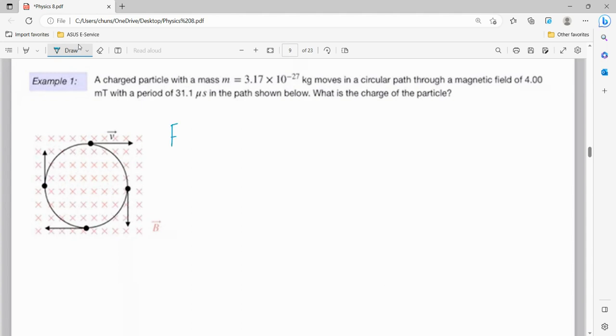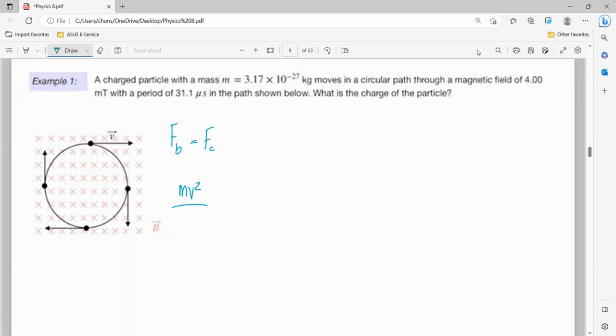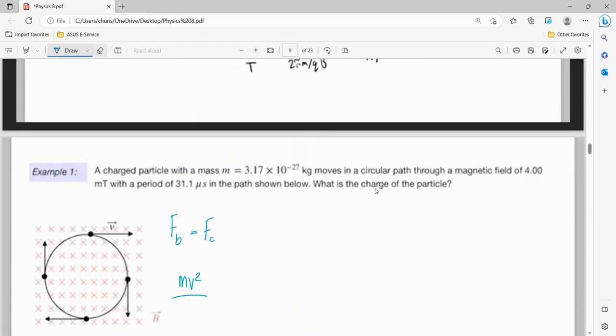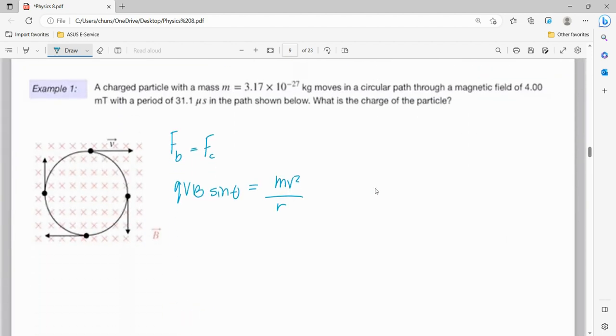So we know that FB is going to equal our centripetal force. So this is mv squared over r. We'll start with this first. This is qvB sine theta. And this is equal to mv squared over r for our centripetal motion.